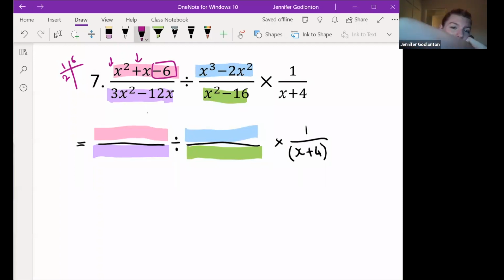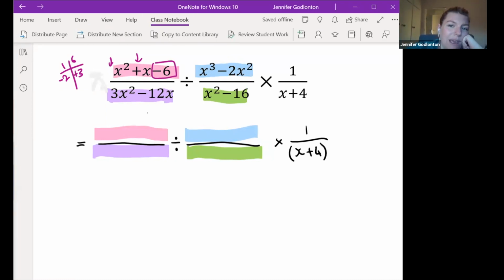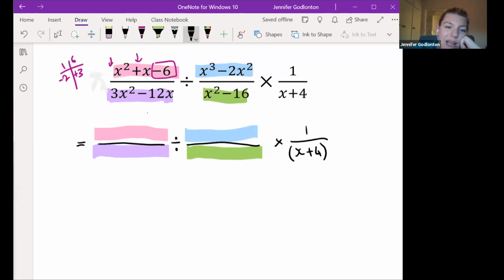We would get positive 1 if we had plus 3 minus 2. So we're going to have x minus 2, x plus 3. Now remember, again, it can be the other way around. So you can have x plus 3, x minus 2, but the signs need to be with those numbers. So our positive needs to be with the 3 and the negative needs to be with the 2. Now, if you got that, please give yourselves a tick.